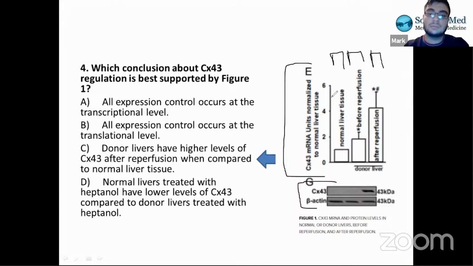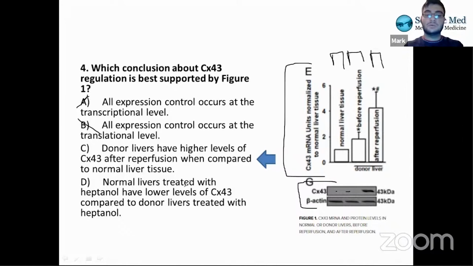So because you have both the bar graph different and this looking like this, between these two especially, right? They're the same. So it means that there's both transcriptional and translational control. So A and B are both wrong because it's a little bit of both, okay? Now I'll maybe go over that again afterwards, okay? But hopefully that makes sense. A and B can't be right because it's not all expression occurs at this level. The expression occurs at both levels.